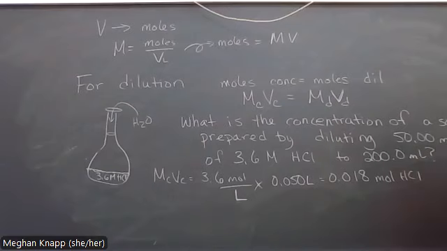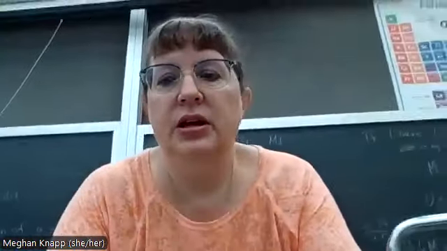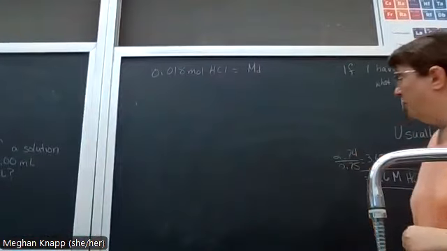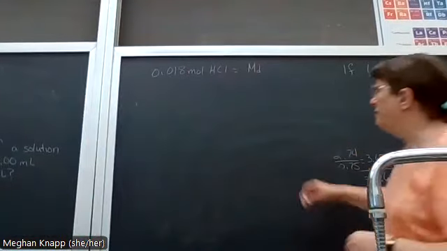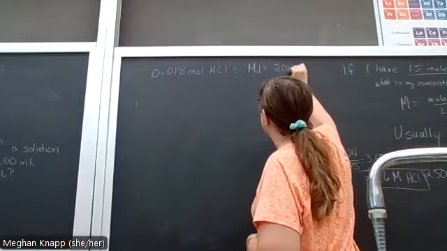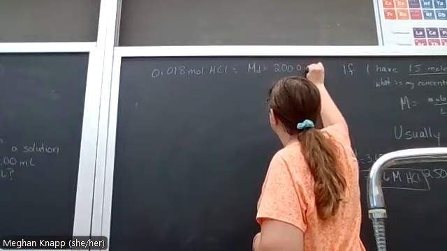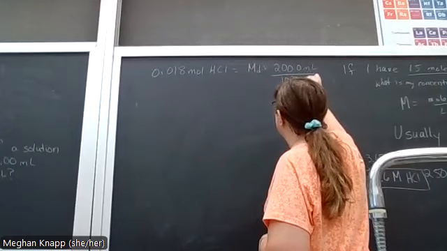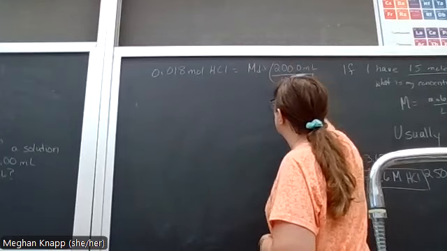I'm running out of room down here at the bottom, so I'm going to switch over here. So this is going to be equal to MdVd. So that's the molarity of the dilute times the volume of the dilute. And we know that volume is 200 milliliters. But we can divide that by 1,000 milliliters to make it liters.